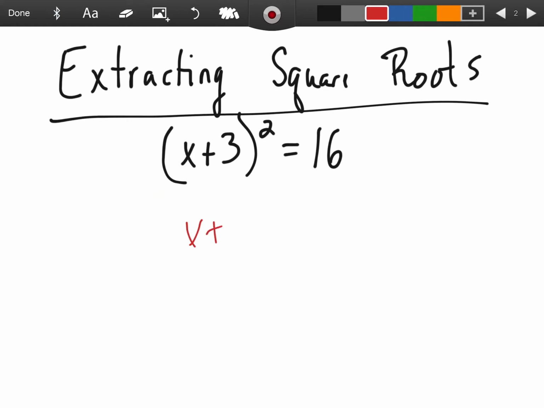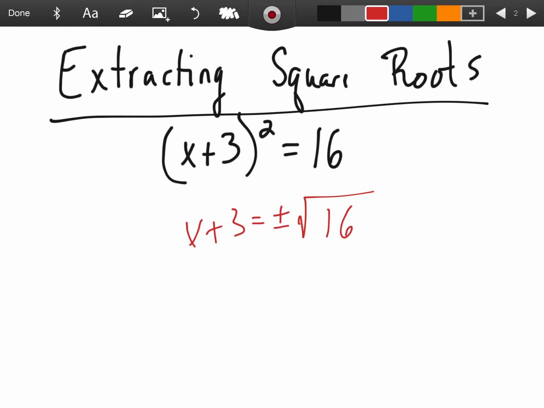Obviously, the square root of x plus 3 squared is just going to be x plus 3. And then you take the square root of the other side. One important thing to note is that if you are the one taking the square root of the other side, you must do the positive or negative of that side.